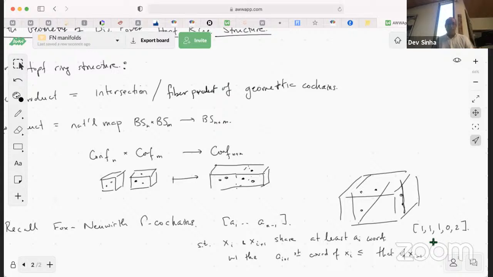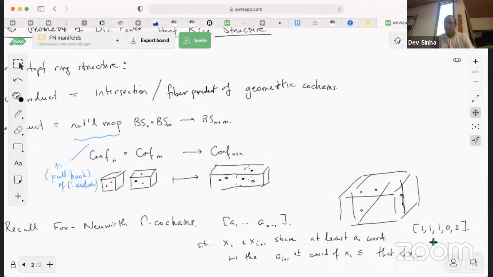Whereas here, I've got a map between manifolds: the configurations of n plus m points is a manifold, as is the product of configurations of n and configurations of m. If I've got a map between manifolds, then the natural map is always pullback. If you have geometric cochains, you can just pull them back if you're transverse. So we want transverse pullback of geometric cochains.